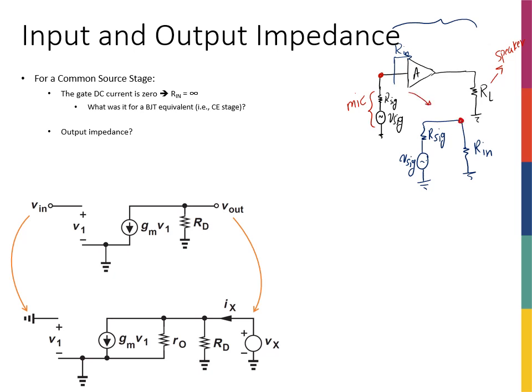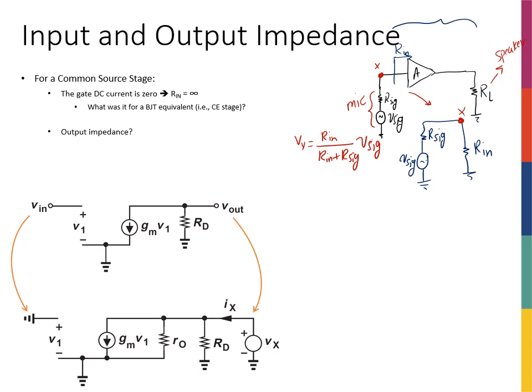Right after the R signal. Therefore, I can easily say that whatever comes to the input of my amplifier, let's call that point X, Vx is going to be equal to Rn over Rn plus R signal times V signal.